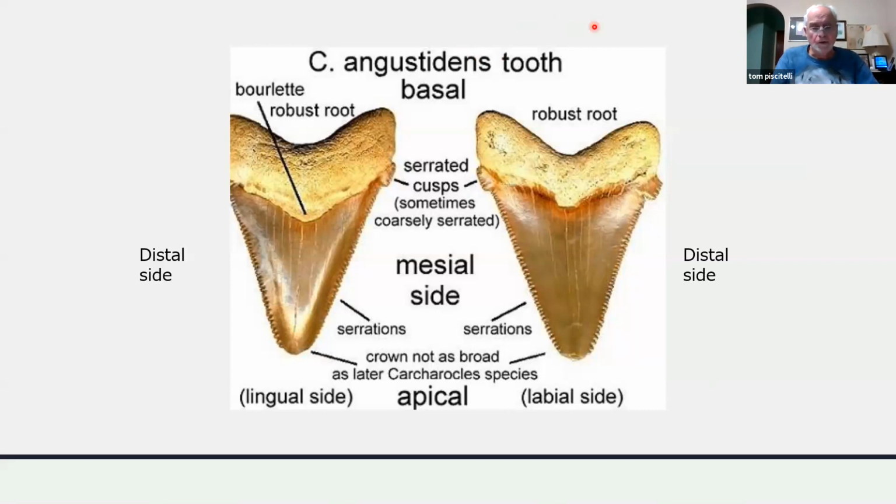Changes in genera are made as more information is found out about the sharks. Most importantly, the species name is never changed. When writing the genus and species, the first letter of the genus name is always capitalized, whereas the species name is in small letters.